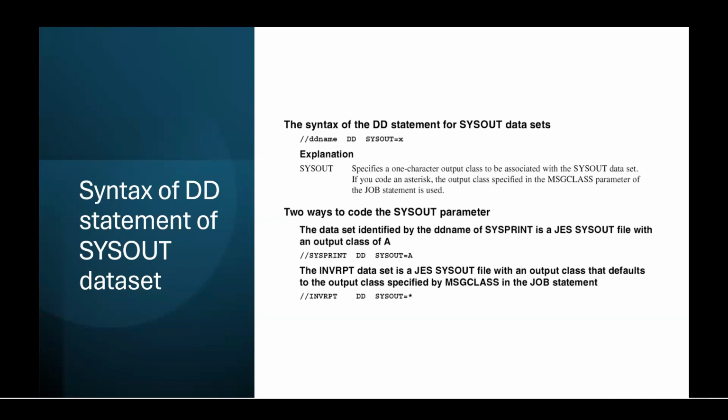So whether you want to provide a particular class A, or whatever class you have, you can provide that, or if you don't want to, you can provide an asterisk. Then whatever your message class in the job statement is will be attached to that SYSOUT class. That is how you can write the syntax of the SYSOUT DD statement for that SYSOUT data set.